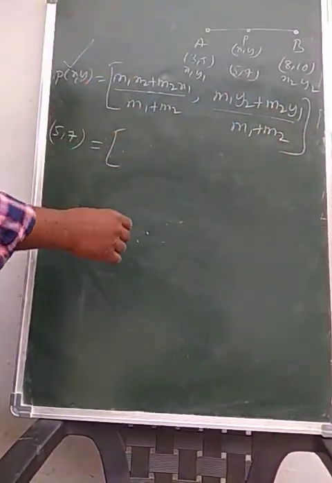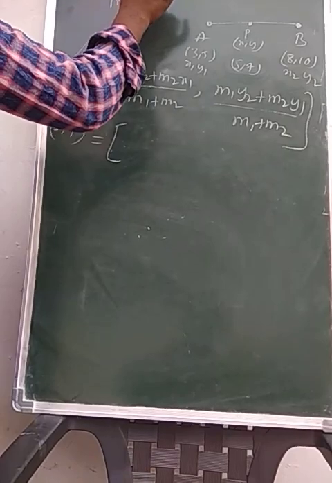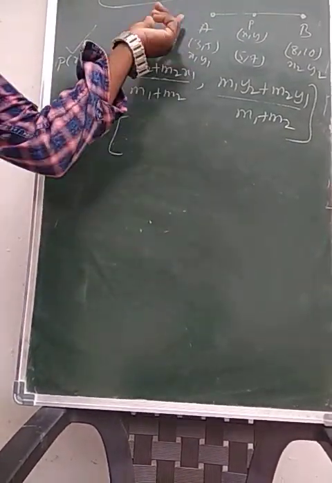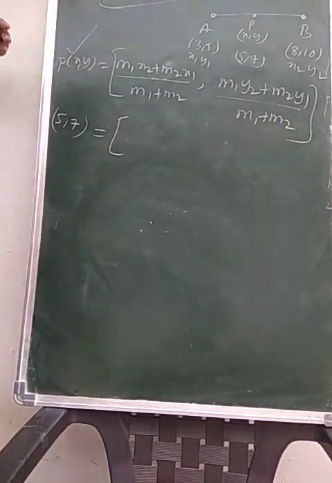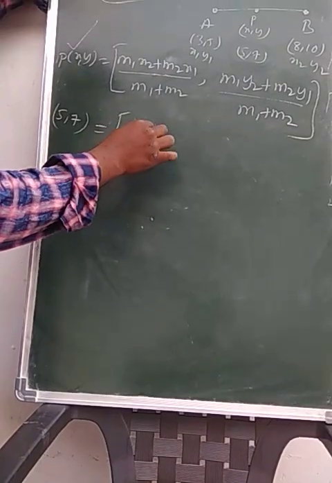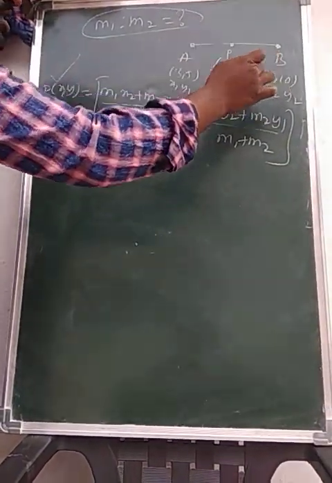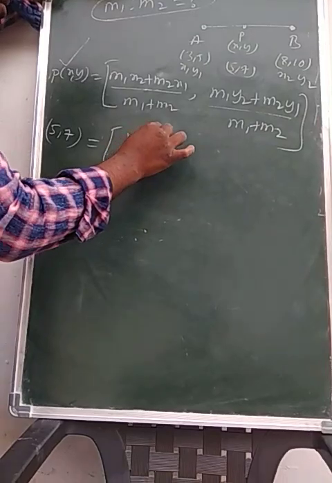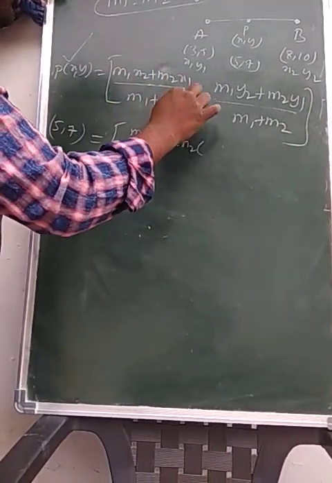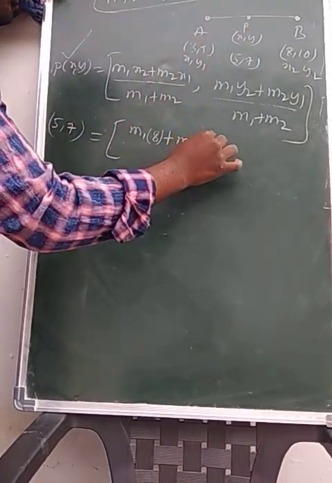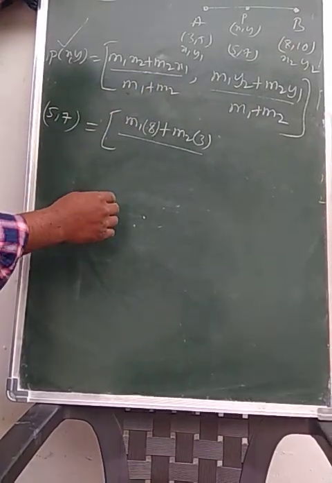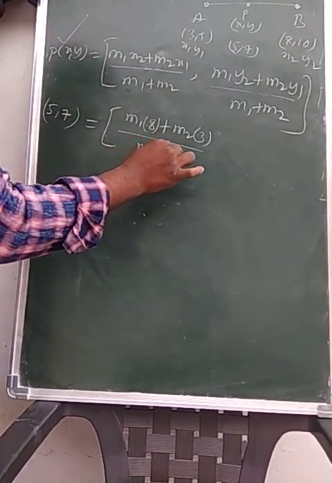You don't know the ratio. Here m1 is to m2 is equal to r, the ratio in which it divides, which we have to find out. So that's why we don't know this ratio. In the m1 place you write m1 only. m1 x2, the value of x2 is 8, plus m2, we don't know, x1 is 3, by m1 plus m2 only.